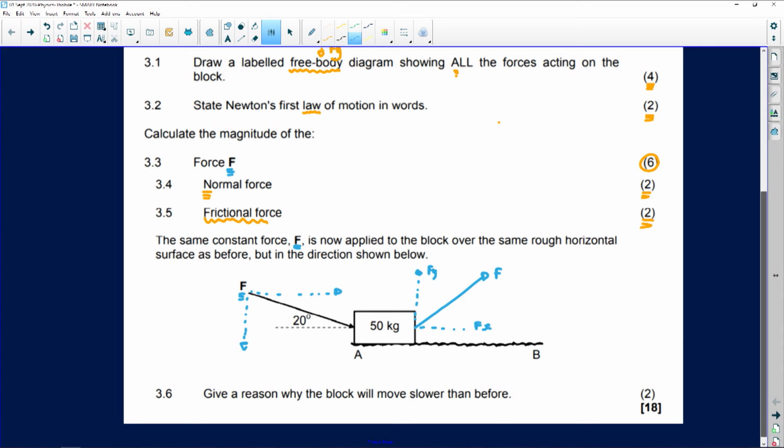But now remember, I want you to think of something like this, how I can use these two examples. If we are applying a force down, think of you sweeping the floor. You are holding the broom and sweeping the floor. Or you are trying to pull something up, right? If you are pushing it, you are applying a force, but we have to take into consideration the components of that force.